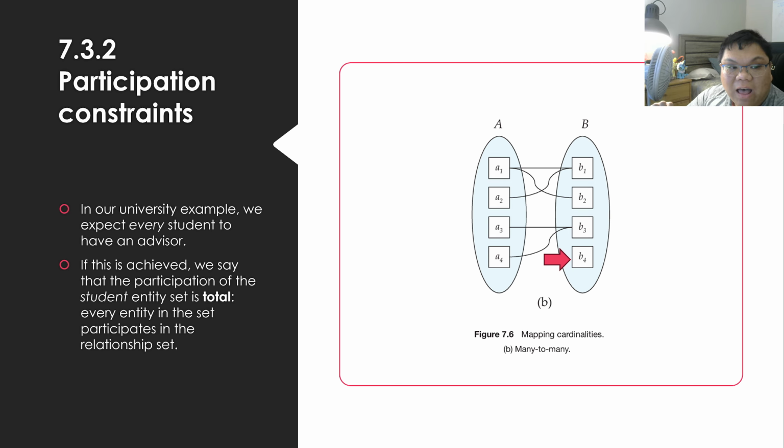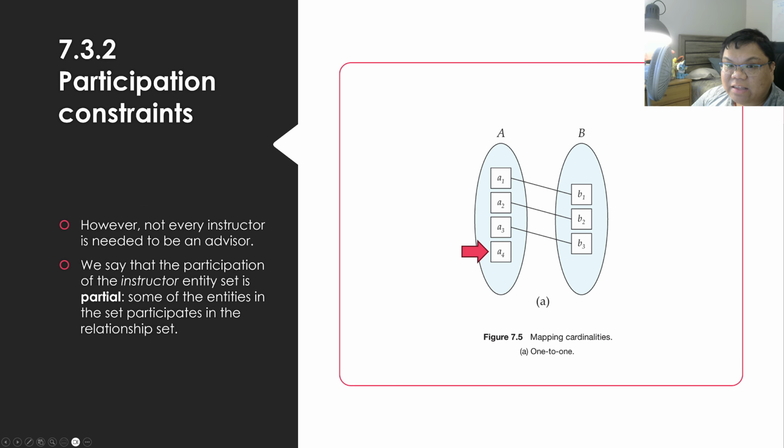If we can pull that off, we call that total participation. Every student entity participates in the relationship set of advisor. So every student should have an advisor. We call that total participation. But not every instructor is needed to participate. We call that partial participation.